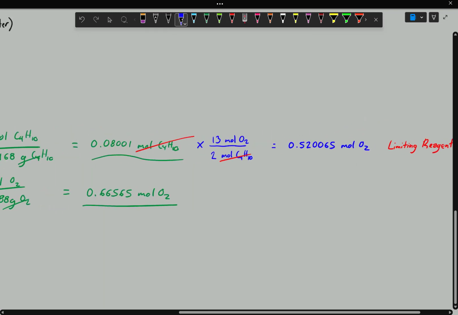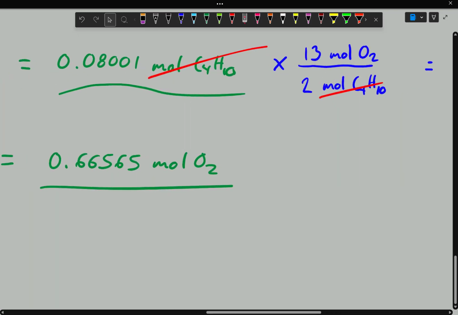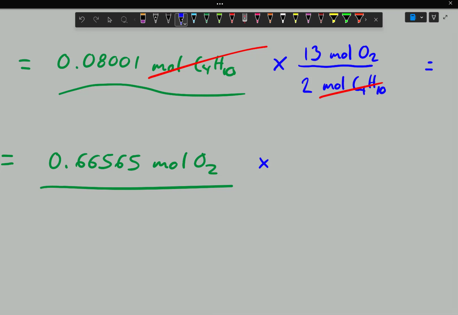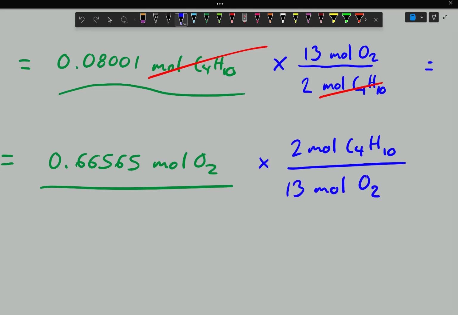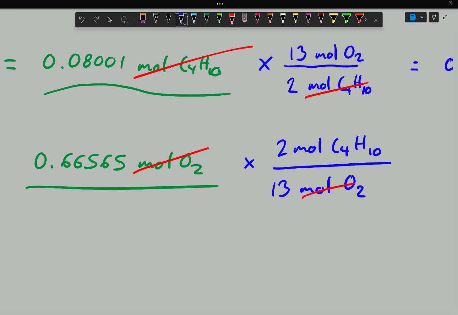If you wanted to double check this using oxygen, you can just set up the molar ratio the other way around. So you put the thing you want on top, which is moles of butane, and for every 2 moles of butane, you use 13 moles of O2. As before, the moles of O2 cancel, and you're left with 0.66565 multiplied by 2 over 13.